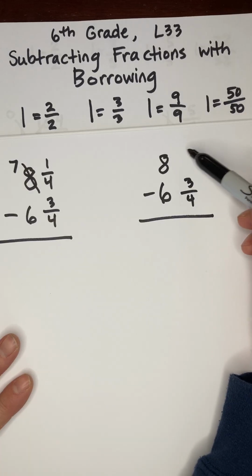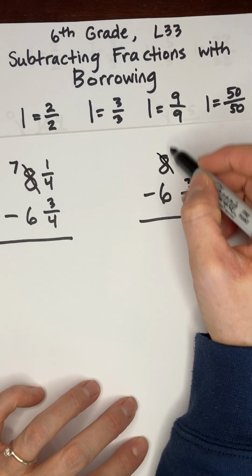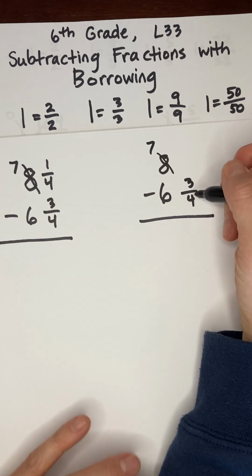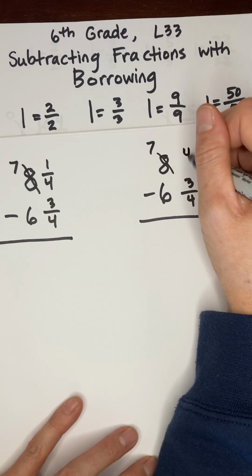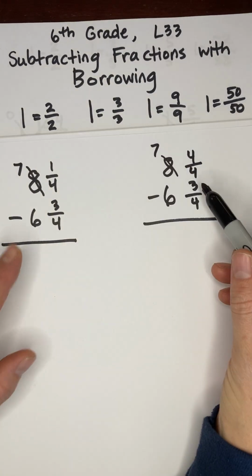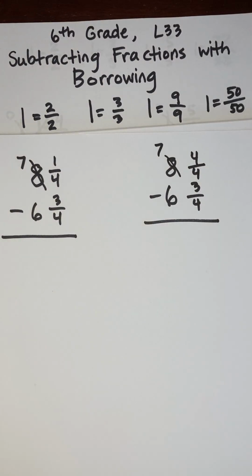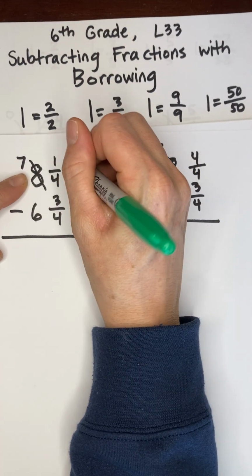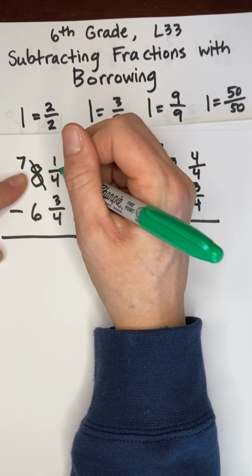Okay, now if we didn't have a number here, what we would do is we'd say, all right, this is 7, and I'm going to create a fraction that equals 1, and my denominator is 4, so we're going to write 4 over 4 here, right? Okay, we're going to do the same thing over here, except this time, because I've already got a 4th there, I'm going to add 4 over 4 to what's already there.